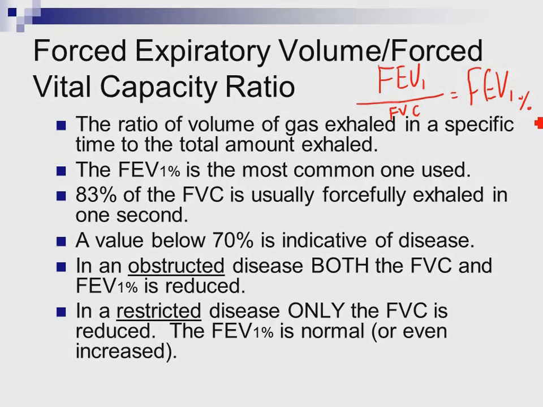How much can I forcefully exhale in 1 second compared to how much I can forcefully exhale in total? Normally somewhere in the mid-80s, but the key part here is if it's below 70%, you'll have a disease present.